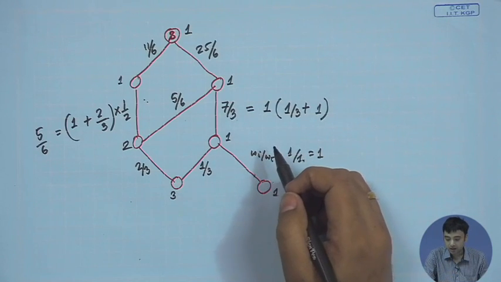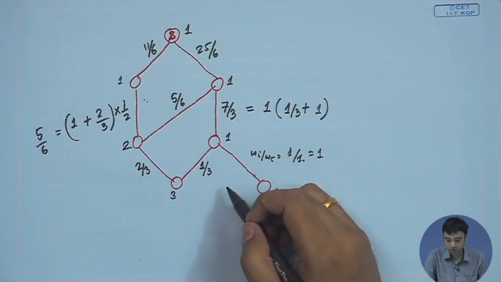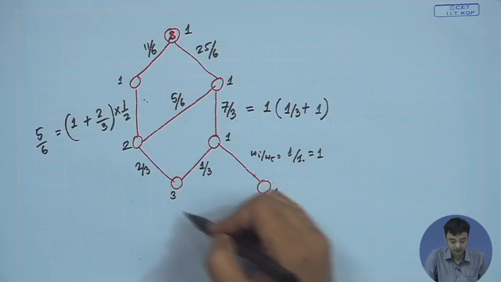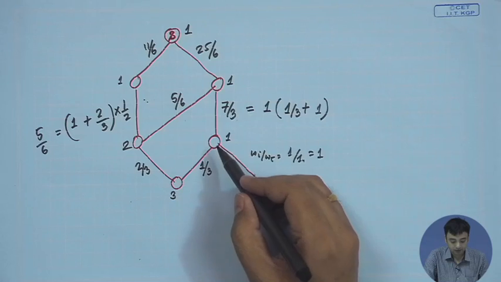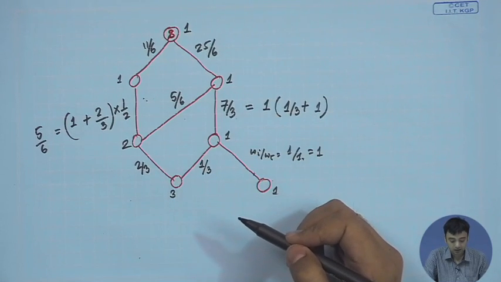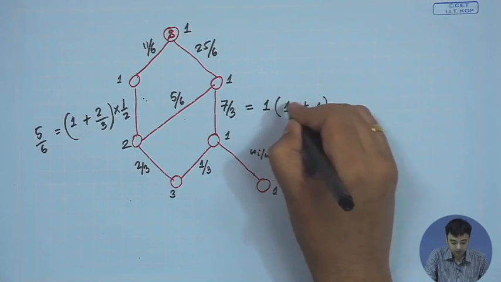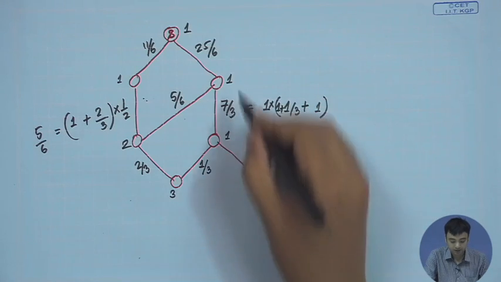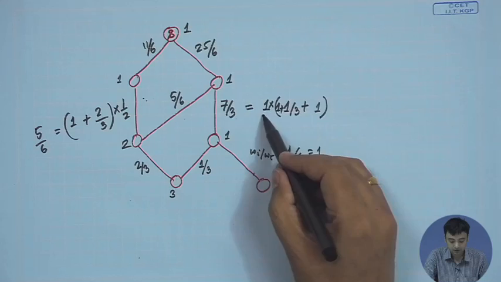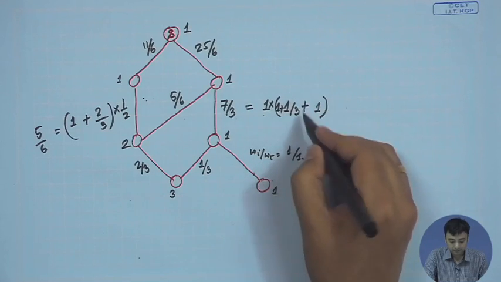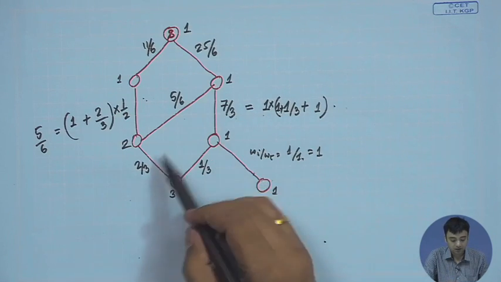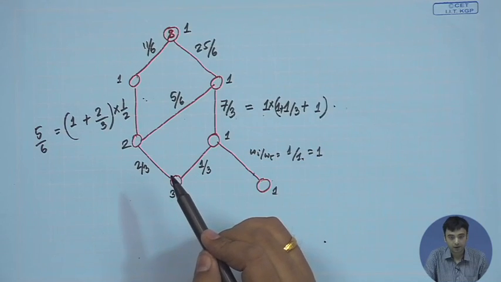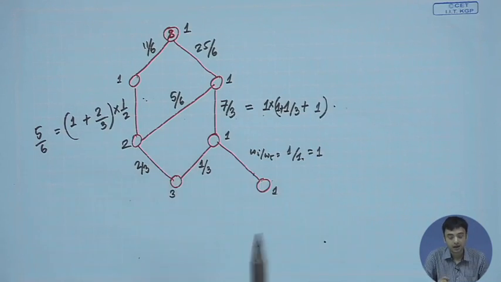Sorry, this is 1 plus 1 plus 1 by 3, multiplied by 1 by 1. So this gives you 7 by 3. In this way you can find out the contribution of each individual edge towards the edge betweenness.